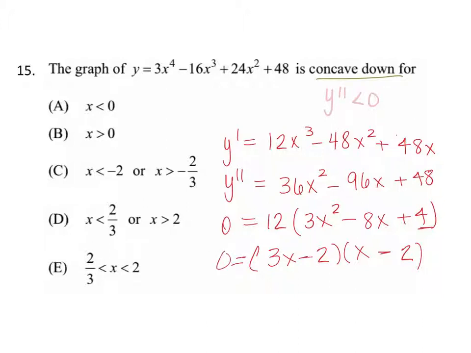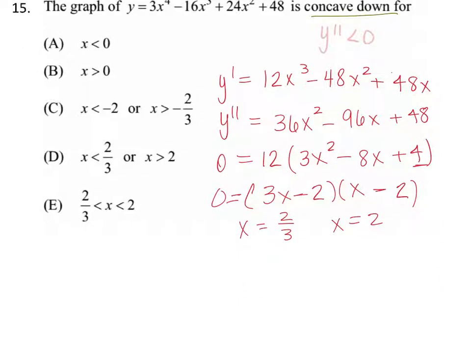And I'm going to set that equal to 0. So x is going to be 2/3, and then x is going to be 2. And notice that these answer choices are over here, so then it looks like that might be lining up pretty nicely. So now let's do a sketch. Our second derivative is a parabola.